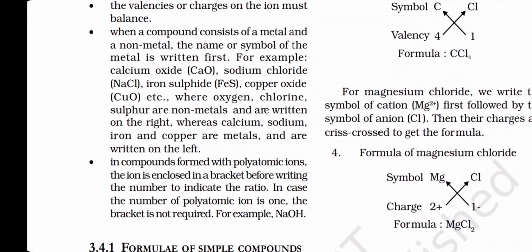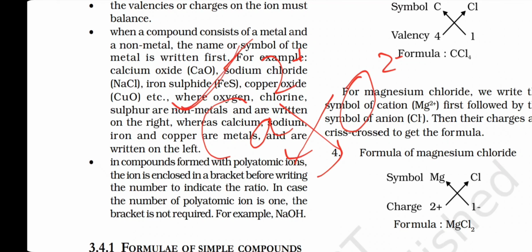Next, when the compound consists of a metal and a non-metal, the symbol of the metal is written first. Suppose for example calcium oxide, composed of calcium Ca2+ and oxide O2-. So you have to crisscross like this. Always the positive, that is the metal, is represented first, and then the non-metal.